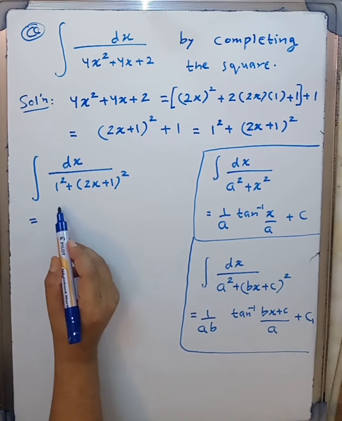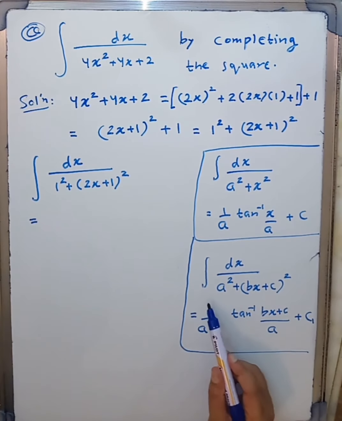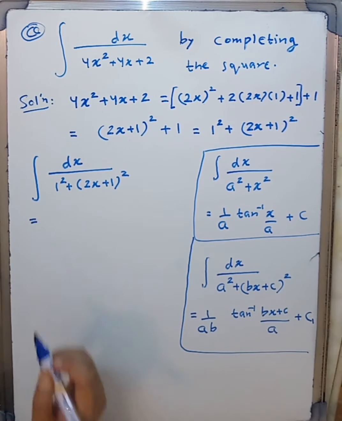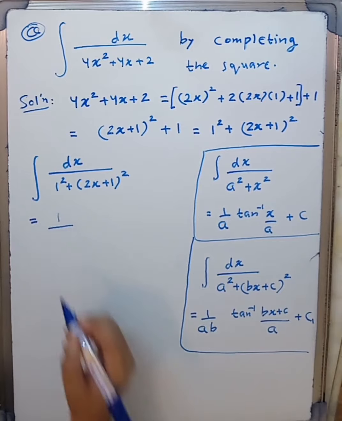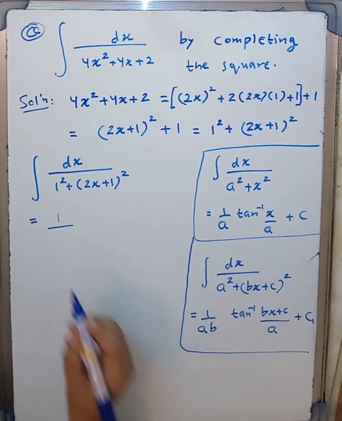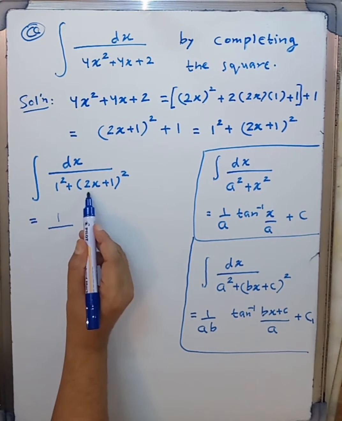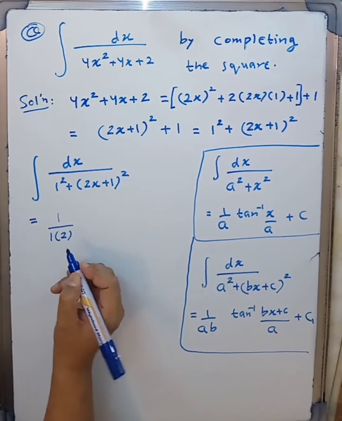Now in the given question, we can directly apply this formula. Therefore, we will get 1 by a b. a is 1 and b is 2. So 1 multiplied by 2.